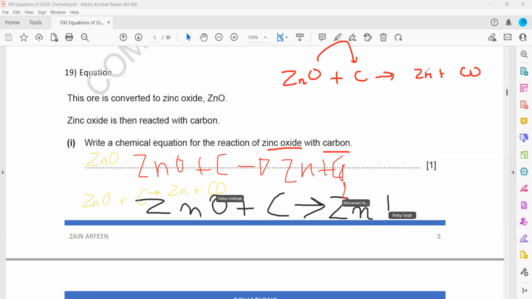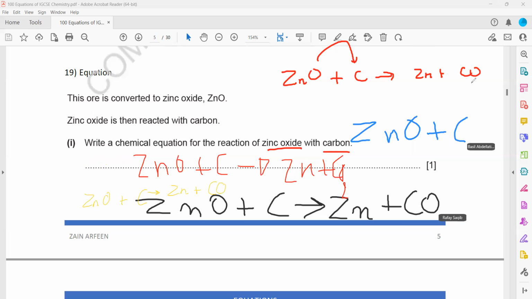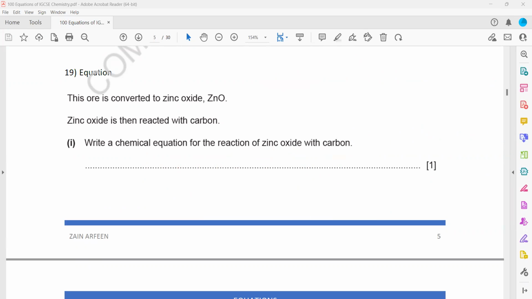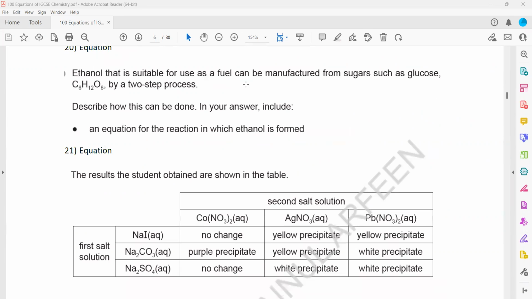You can complete it for carbon monoxide, or you can complete it for carbon dioxide as well. If you form carbon dioxide as the product, just put 2 here and 2 here. So carbon monoxide or carbon dioxide, both products are possible. Depending on which you want to complete, if carbon monoxide, you don't have to put 2 and the equation will be balanced. But for carbon dioxide, you have to put 2 to balance the equation.